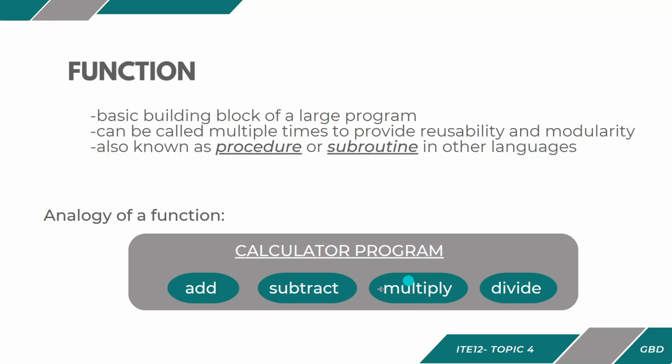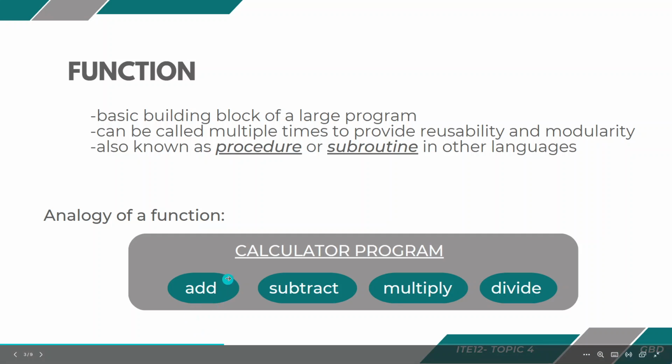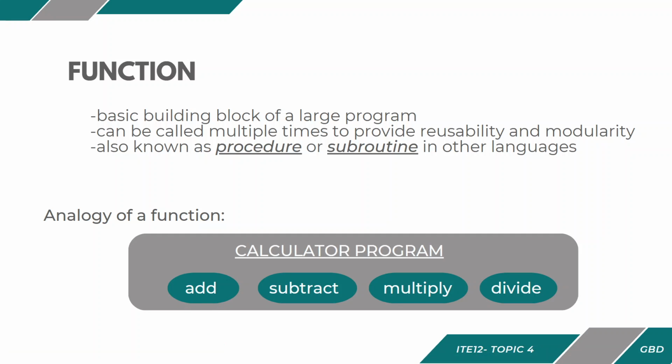Let's assume that these are different functions that can do such as what their labels say. And then also there are functions that have return types. I mean that can return value, but there are also functions that cannot return value. It can only store the value that is being performed inside the function block.